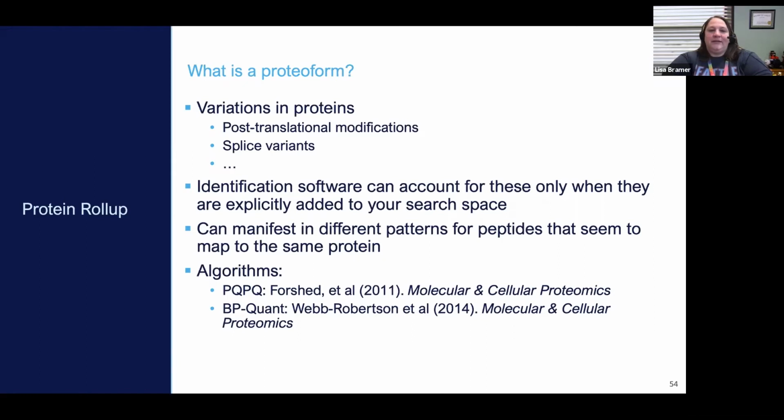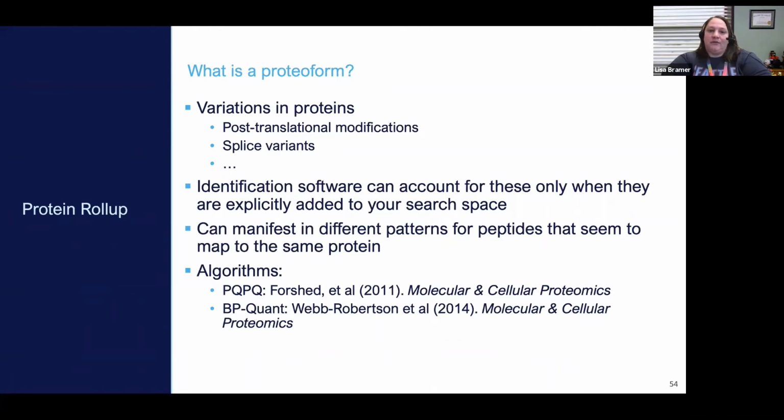And that's usually not reasonable to assume that we know what those are ahead of time. So rather than do that, what we know is that these proteins can manifest in different patterns across peptides. And so we can look at those patterns in those peptides to try to map which protein or proteoform they're coming from.